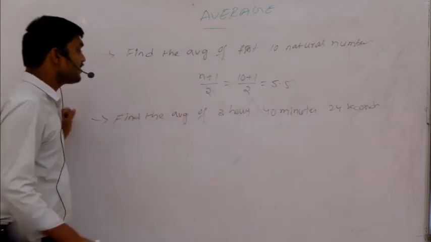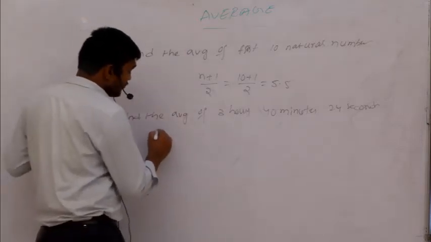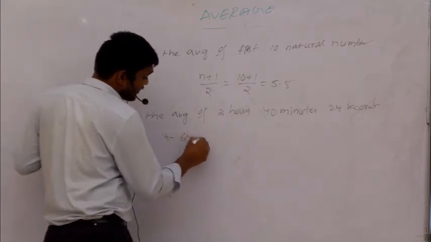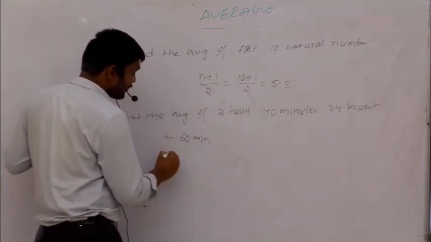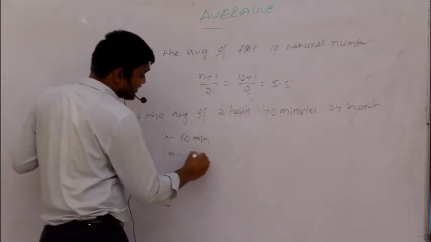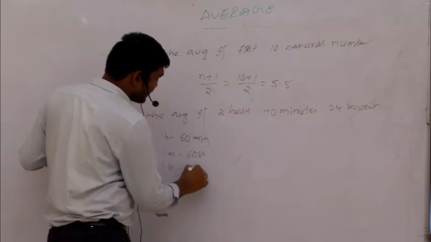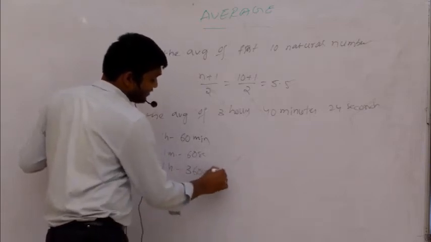So here convert into seconds. So 1 hour, that is 60 minutes. 1 minute is 60 seconds. So that's why 1 hour is 3600 seconds.